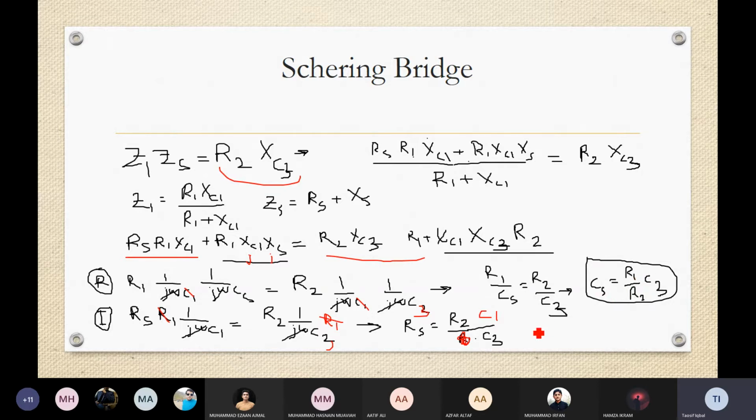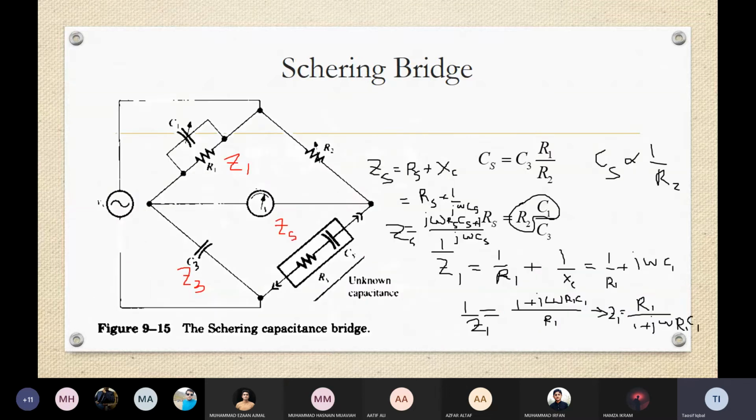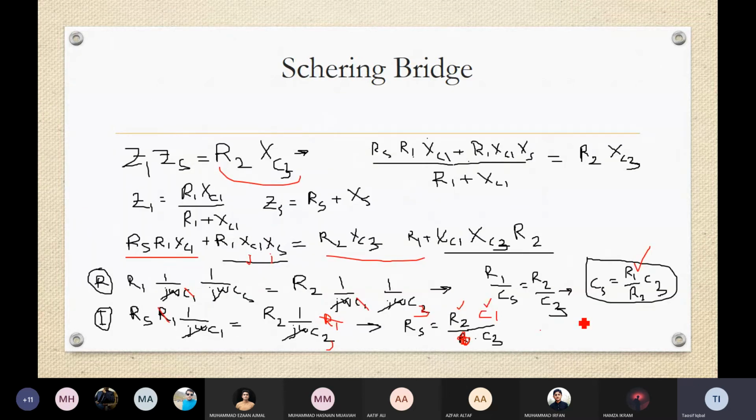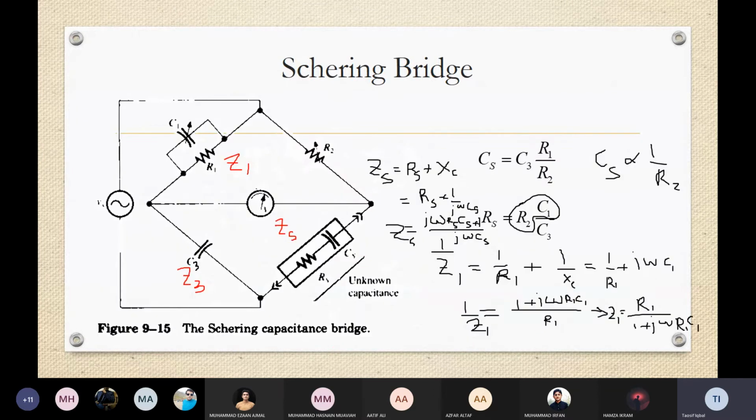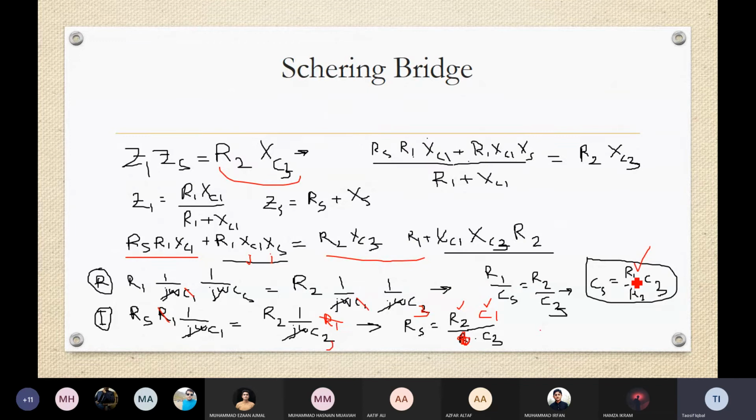So therefore, what we are going to do is first fix the value of R2 and C1. Once R2 is fixed, that would leave only the variable R1, which is fixed, and C3 is also fixed.